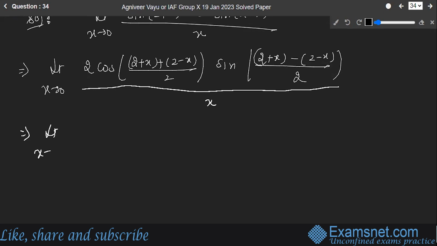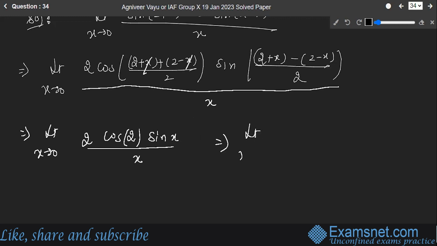Now limit x approaching 0. This will be 2 cos of 4 by 2, the x and minus x cancel, so this will give you cos 2. Sine of 2x upon 2 will give you sine x. This whole thing upon x.